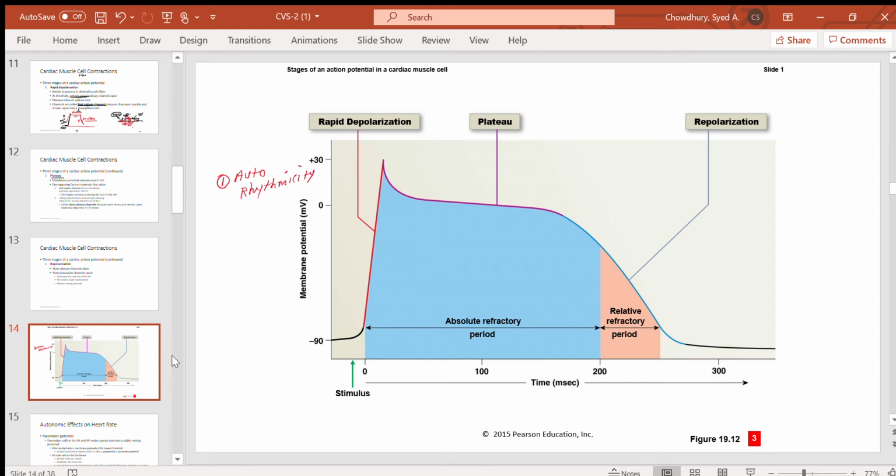Auto means self, and rhythmic means contraction in regular intervals, right? We know that the heart beats in regular intervals, not like fast and then slow, then fast. No, it always maintains the interval. Like this is one beat, then interval, another beat, then another beat, right? So that interval is maintained between the contractions. That is the autorhythmicity.